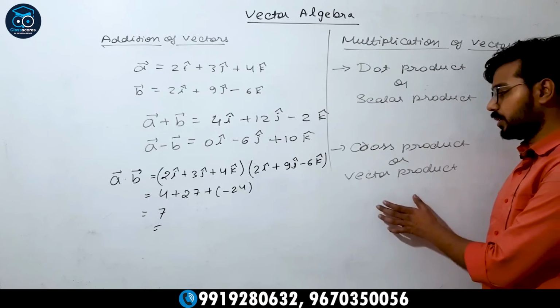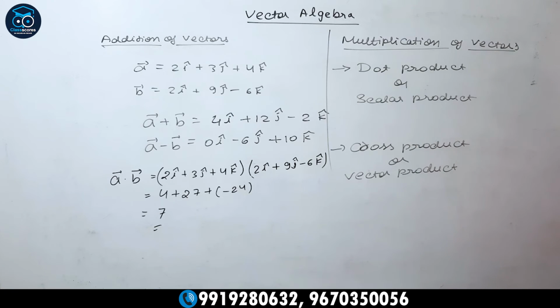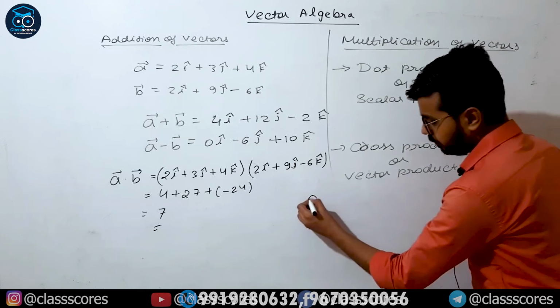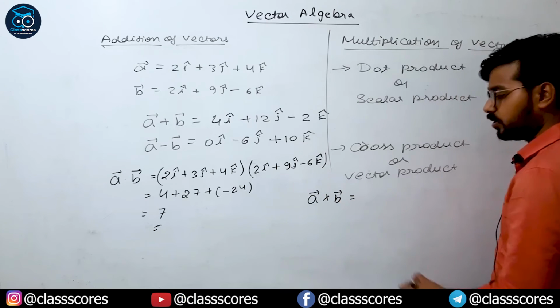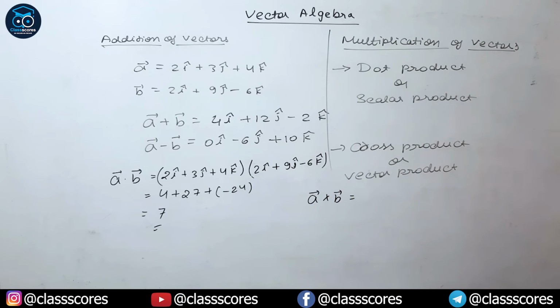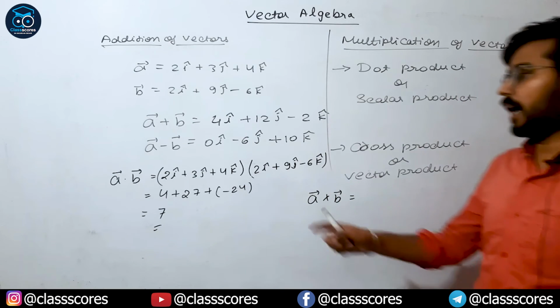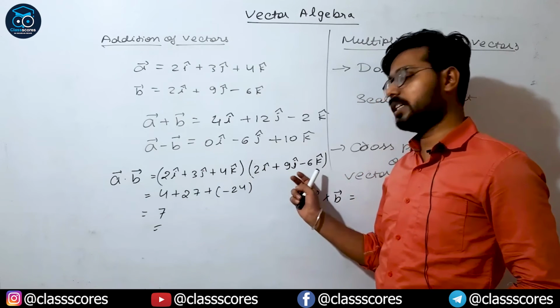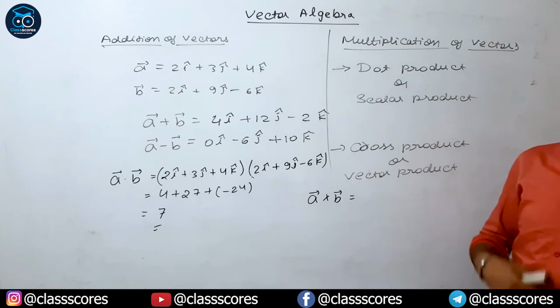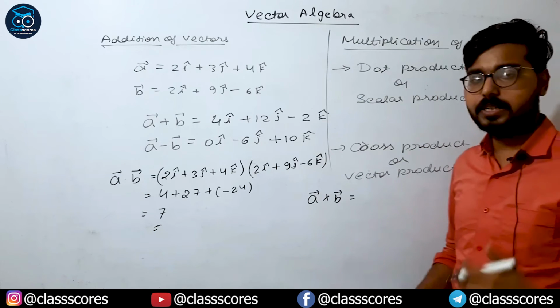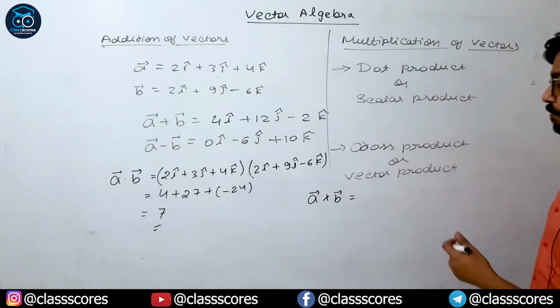Now moving towards the cross product. What is cross product? Cross product is basically the product of a component with the other components, meaning i will multiply with j and k. Similarly, j is going to be multiplied with i and k, and k will multiply with i and j.